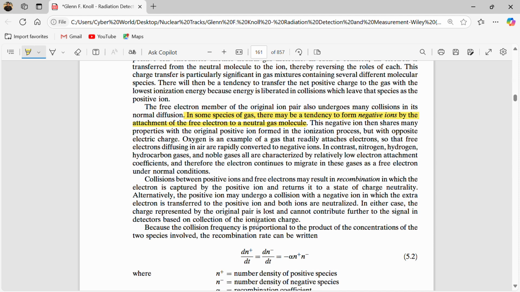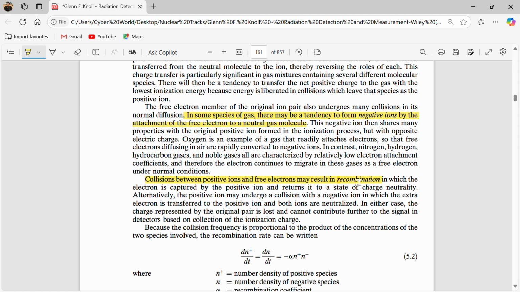Understood? So the concept of recombination: what is recombination? As I told you before, a collision between positive ions and free electrons may result in recombination. As the name suggests, recombination means combination of two things, a reverse process.